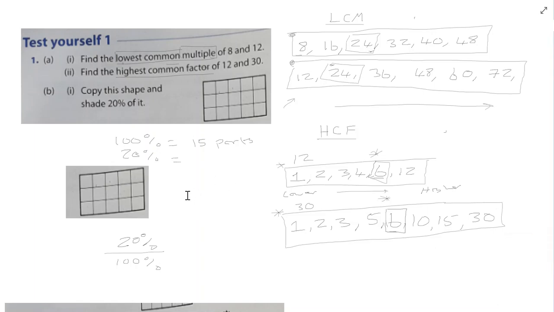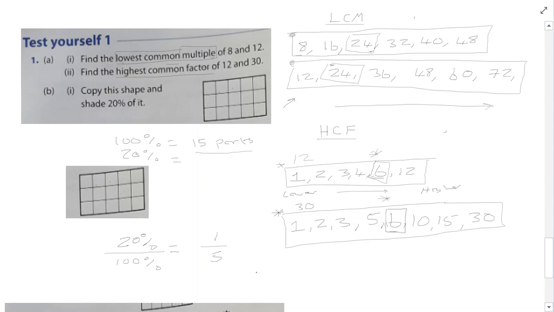So how do we simplify this? 20 over 100, if we divide the top number by 20 and the bottom number by 20, we will have 1 over 5. So 20 over 100 as a fraction, simplified, is 1/5.